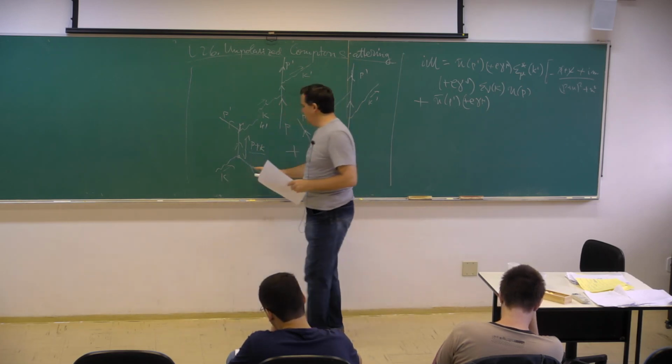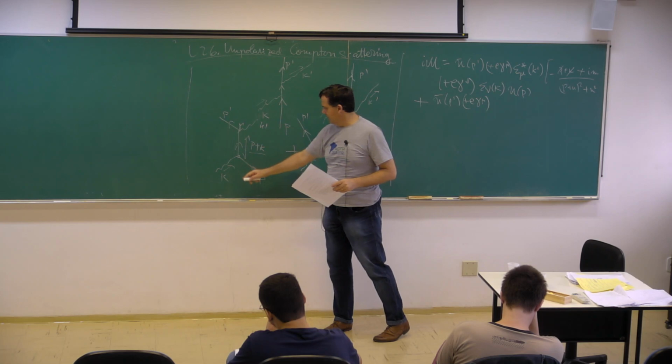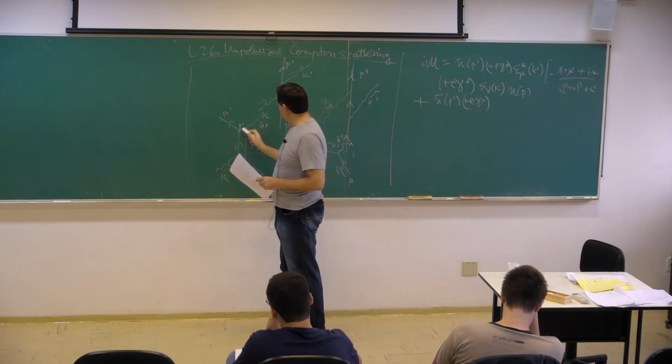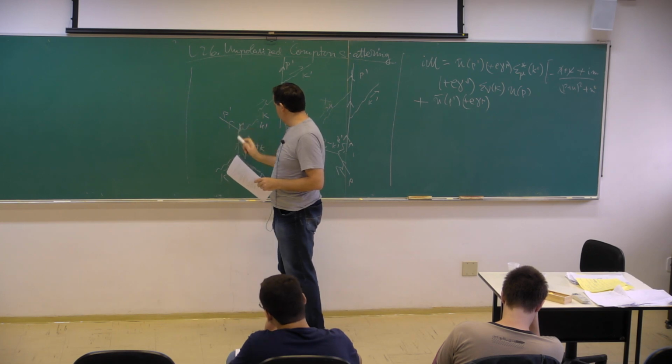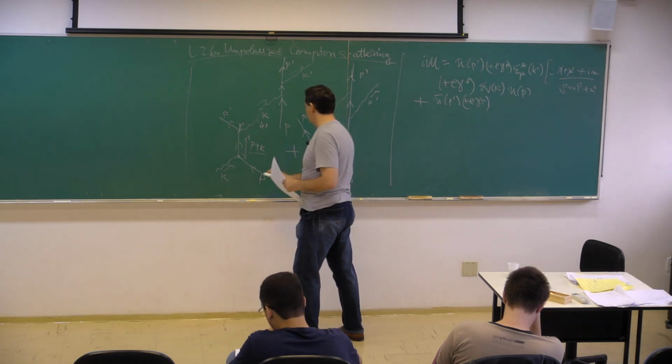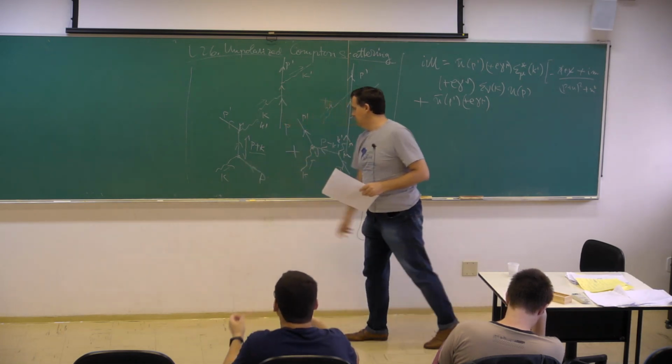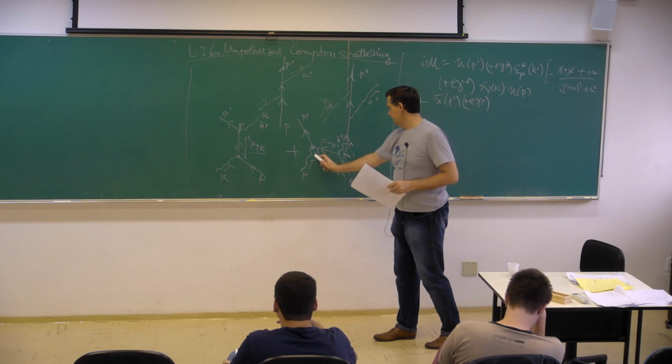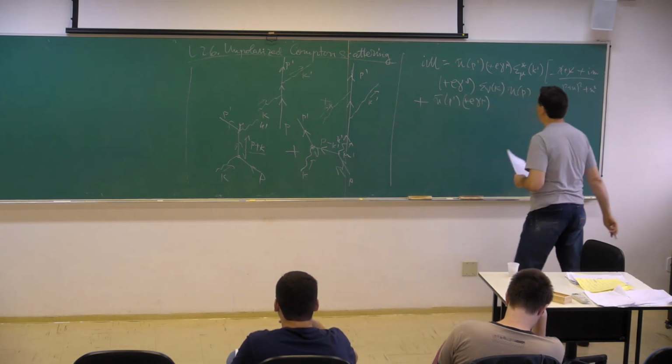In the second diagram, I want to use the same convention as in here, where the external momentum is not only k prime but also mu. So here I'll put mu. That means here I'll put mu. Epsilon nu of k. Here also epsilon nu of k.